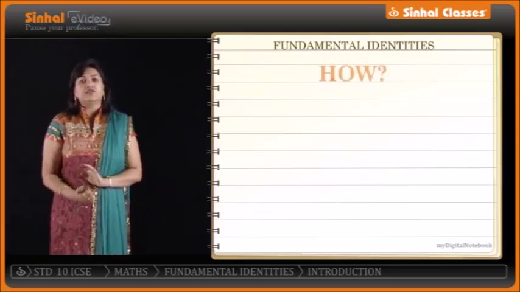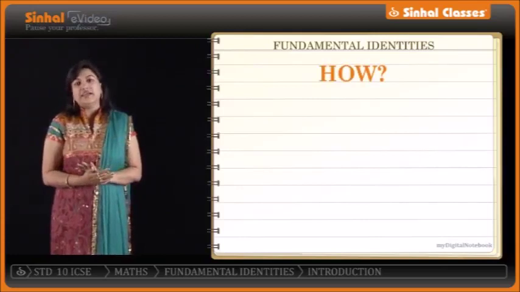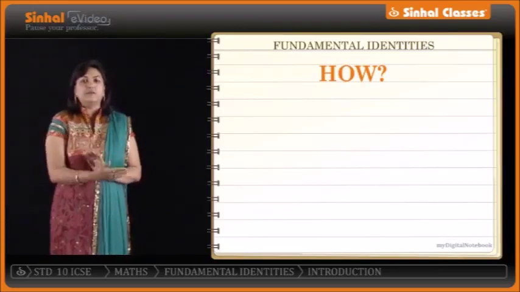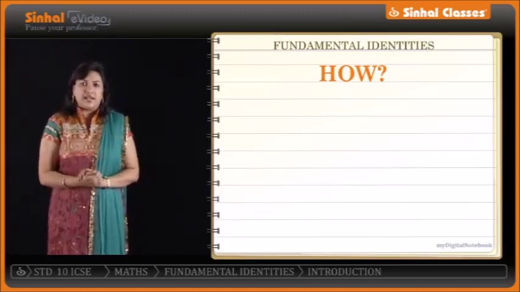Now, how can we solve these trigonometric identities? These trigonometric identities are basically equations. We simplify the left hand side and arrive at the right hand side.